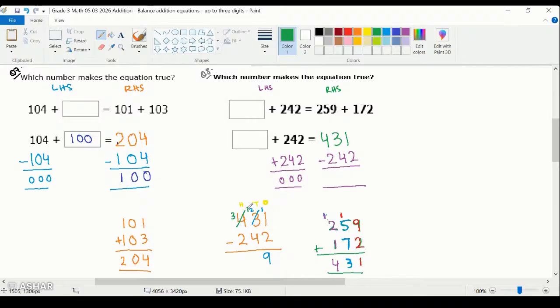This becomes 12. 12 minus 4 would be 8. And 3 minus 2 would be 1. So can I say the answer comes out to be 189? If there is any confusion, let me know. We'll redo it.